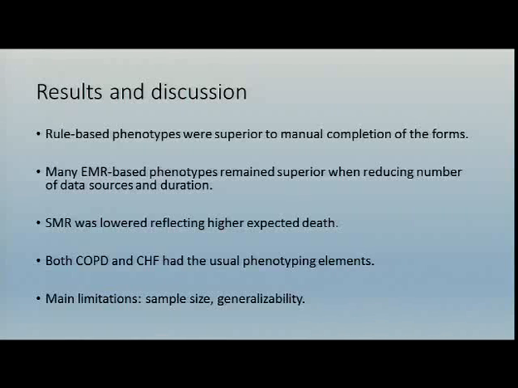And we saw that COPD and CHF, using the usual phenotyping elements, both had caveats that were significant and were not felt appropriate by the physicians, by the nephrologists. The plausible explanation that is to be tested is that both heart failure and COPD in non-dialysis population can, as a diagnosis, be reasonably made on clinical grounds.